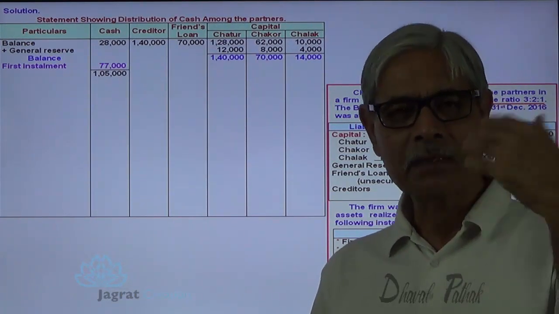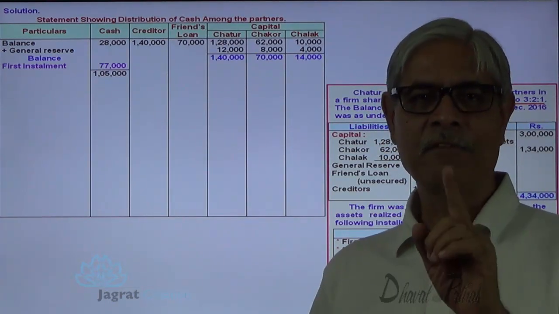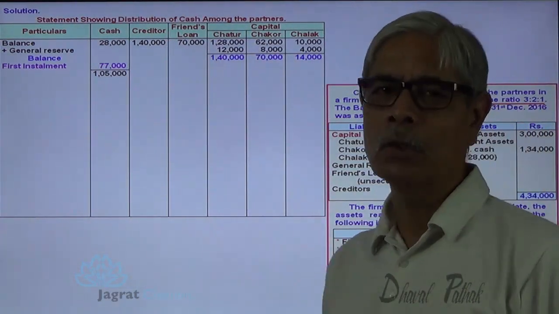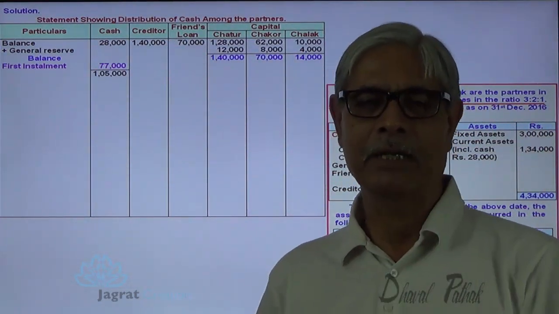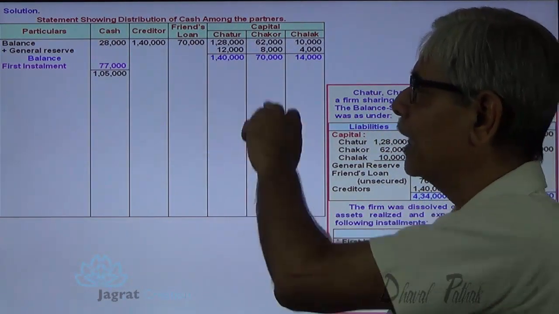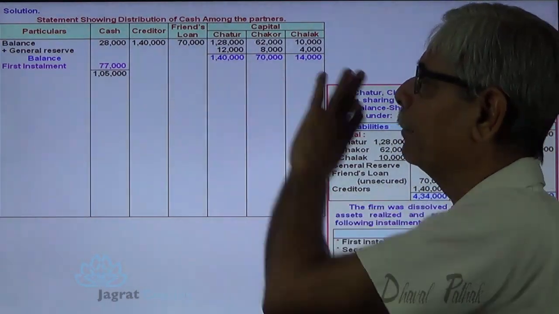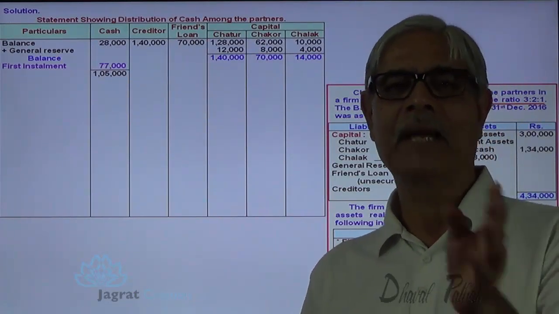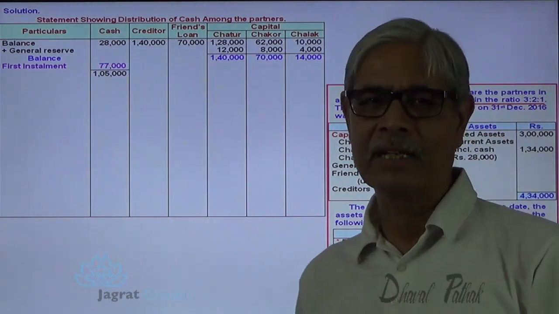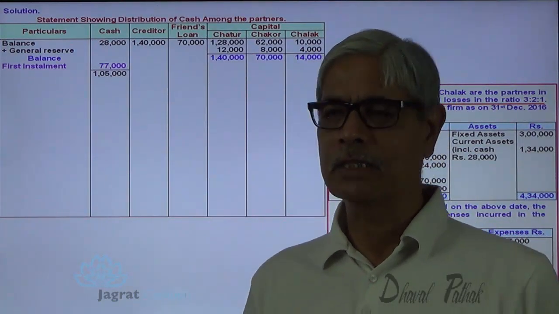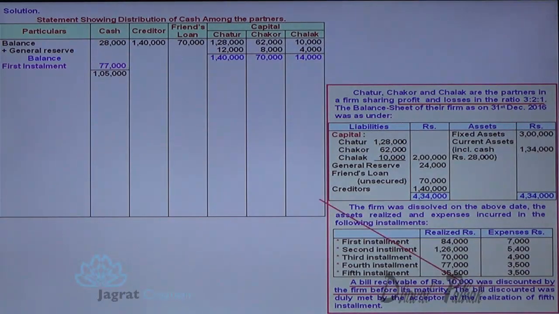It is also a claim of a third party, but which is at present unascertained, while these creditors and friends loan are the ascertained, accepted, established claims. So there is an opinion that you put aside 10,000 after making payment to these creditors, or keep it aside right now and then proceed with the payment to these creditors and friends loan. I am fine with both, but at present I am going to solve the sum wherein I am going to keep 10,000 aside for contingent liability.